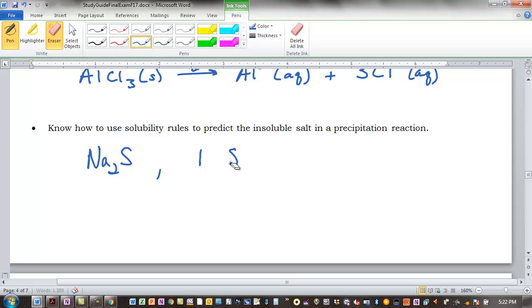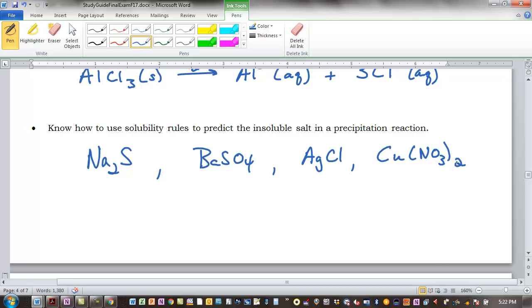I'm trying to remember all the solubility rules. Let's just do this one. Let's do one more. Okay, that should give us enough practice.